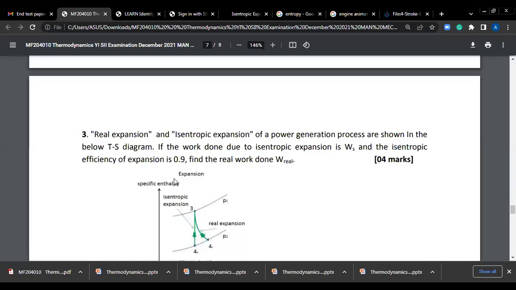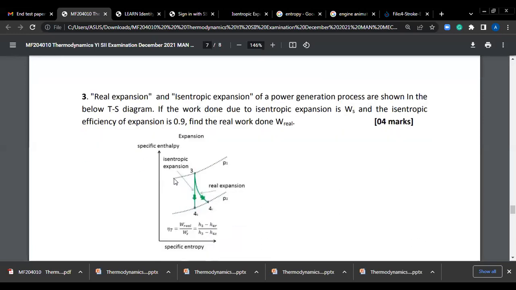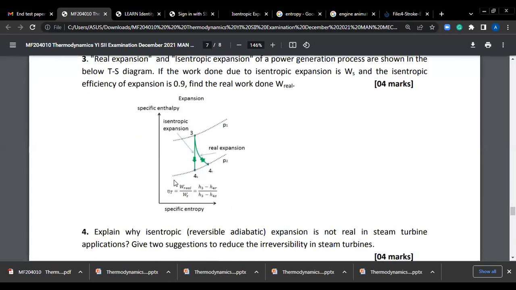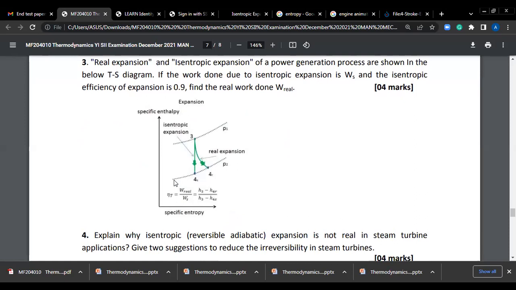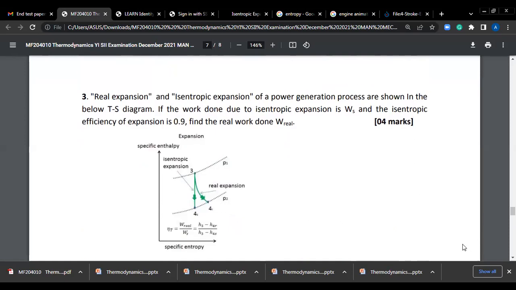Further down, expansion. You can mark this.